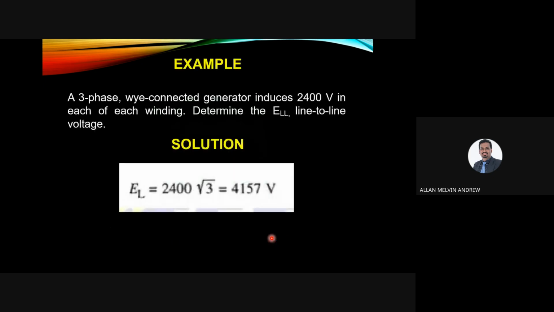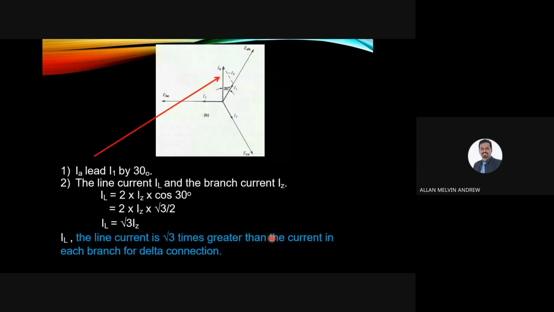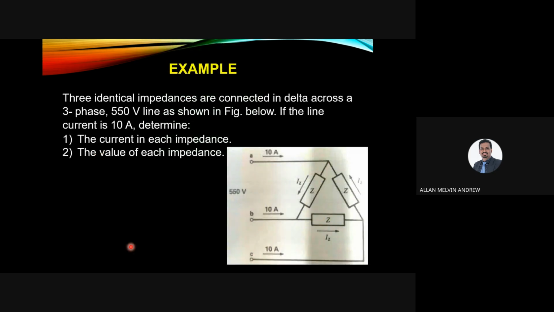Here we see IL is square root of 3 times greater than the current of each branch. So we don't have a neutral, but we have a branch. Okay, so it is almost the same as the Y connection.